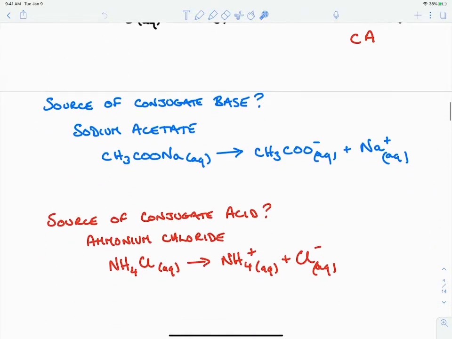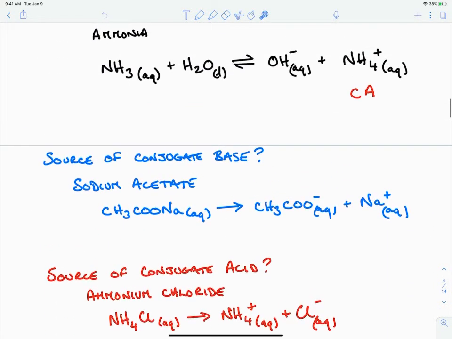If we want acetate, we would add something that produces acetate in water. So for example, sodium acetate, a great source of this. If we take sodium acetate and put it in water, it dissolves and dissociates to produce acetate ions and sodium ions. So here we have the source of acetate ions.